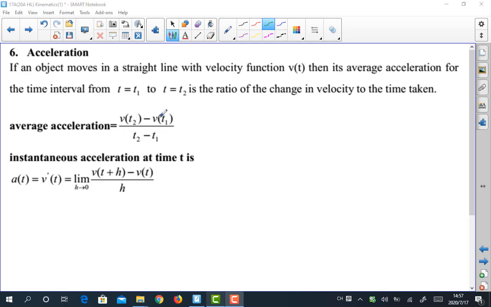When you put the limit symbol, when h approaches 0, for this slope of the chord, this becomes the first derivative of the velocity function based on the first principles. Therefore, what is the instantaneous acceleration? The instantaneous acceleration is the first derivative of the velocity function.